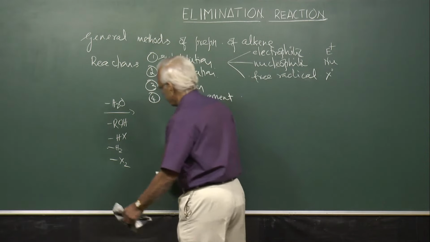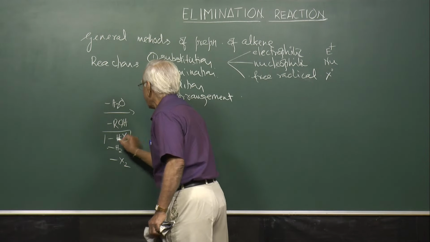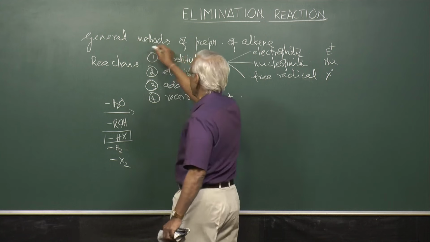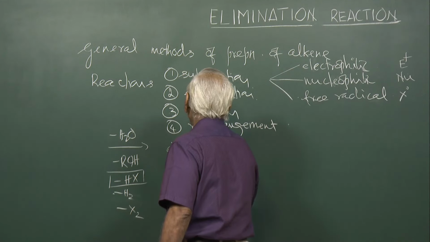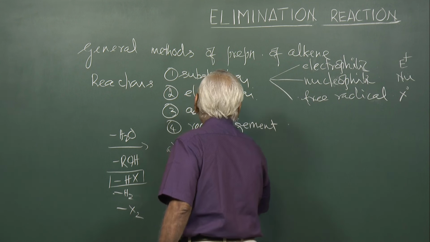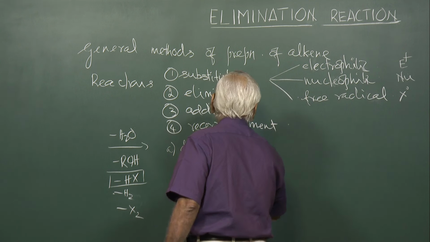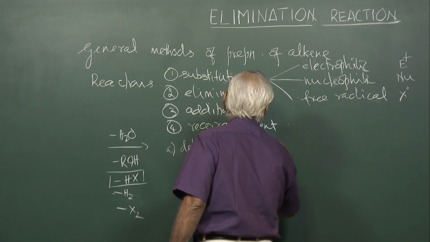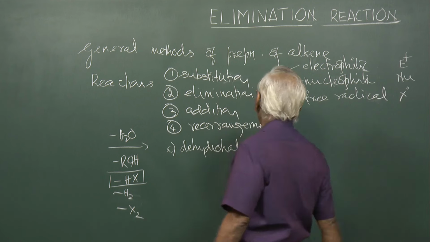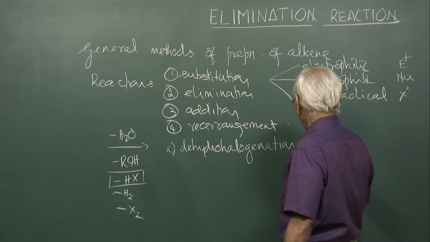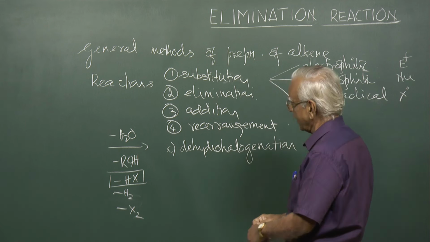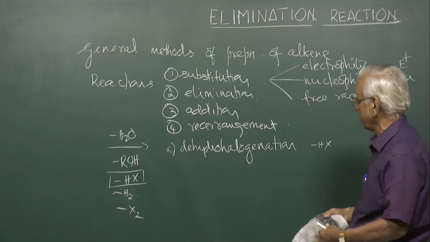Okay, let us take the simplest reaction, namely dehydrohalogenation reaction, subtopic for you, dehydrohalogenation. Dehydrohalogenation reaction, as the name itself suggests, we are going to remove a molecule of HX here, hydrogen halide. Okay, right.